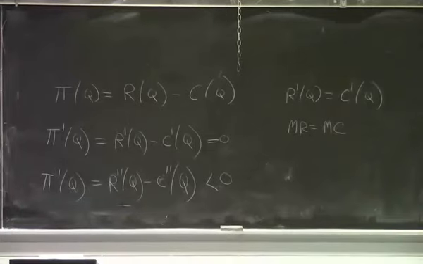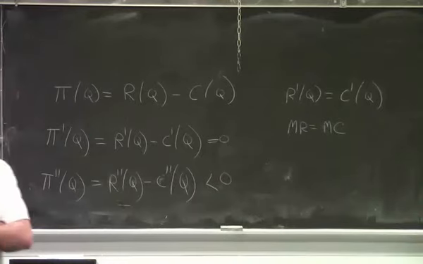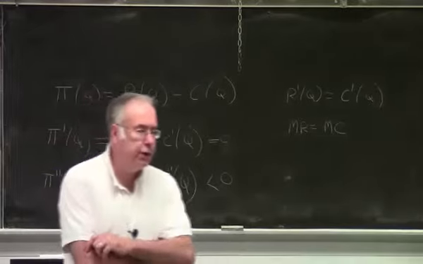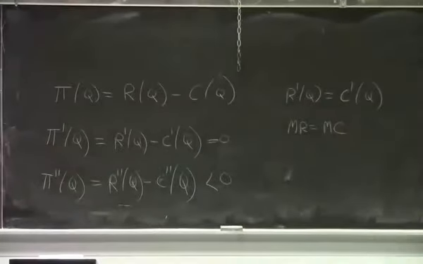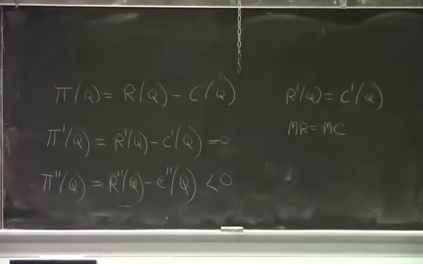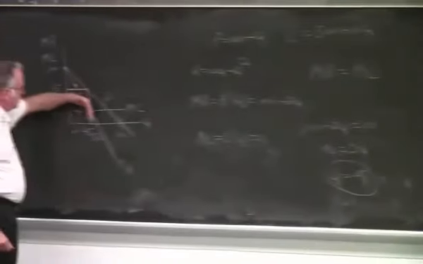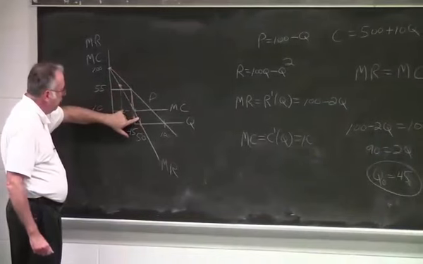Or in other words, what you need is the marginal revenue curve to cross the marginal cost curve from above. Notice in this case, the marginal revenue curve looks like this, and it's crossing the marginal cost curve from above.